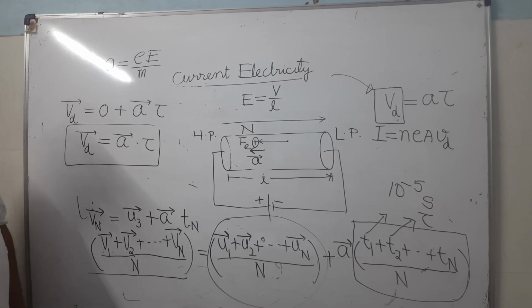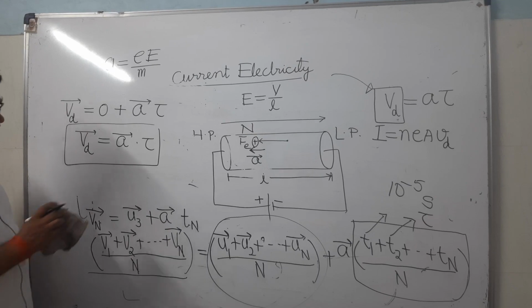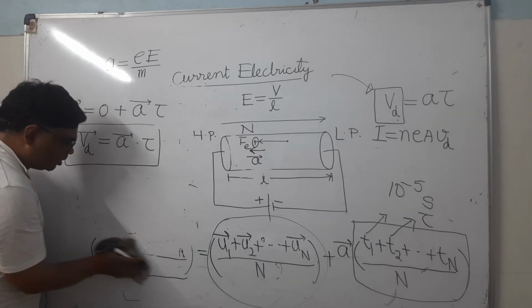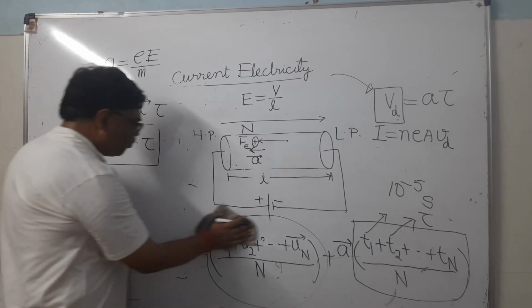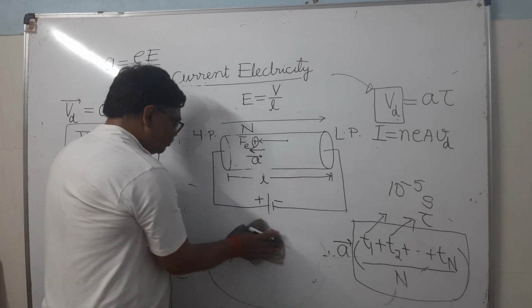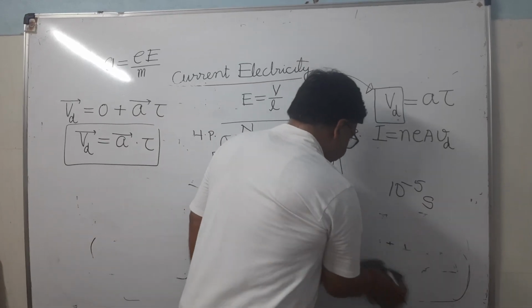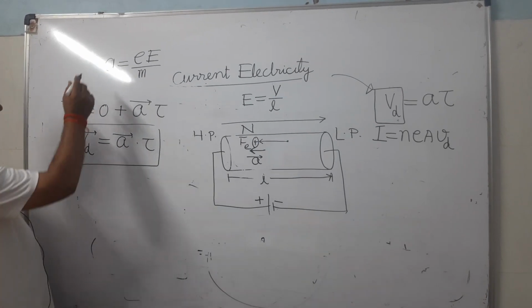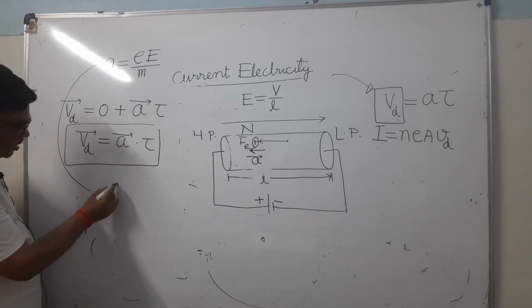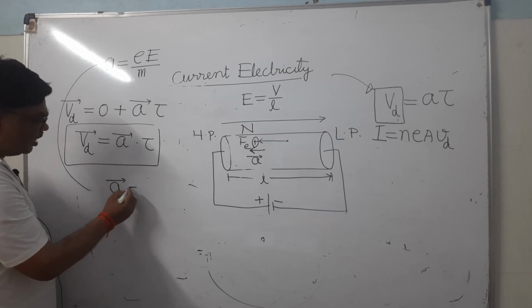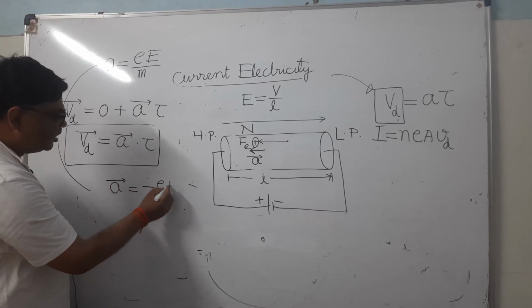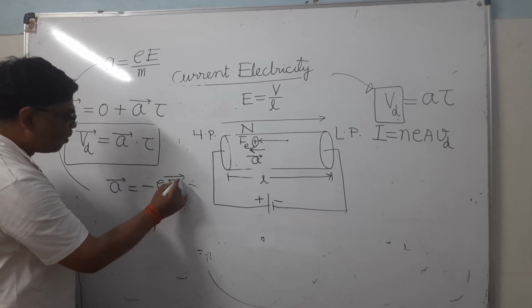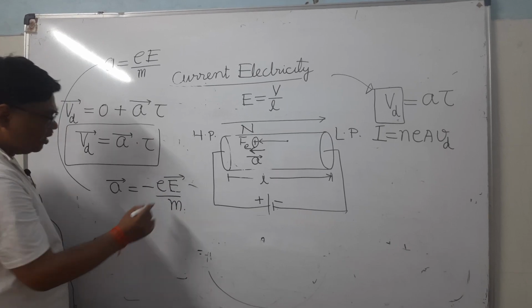It is clear. Now as you know that vector A, in scalar form, how will you write? If you write vector A, it will be equal to minus e into vector E upon m.